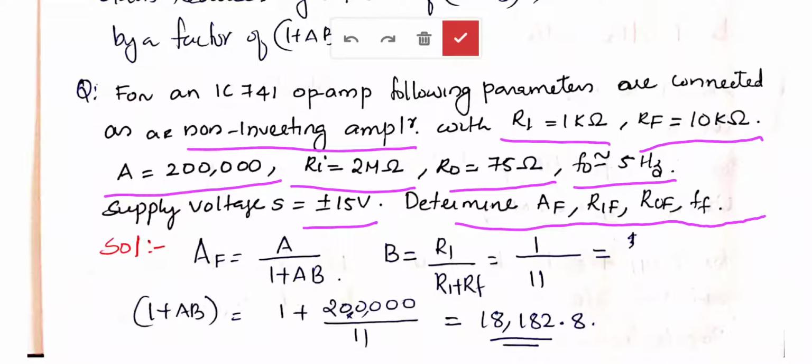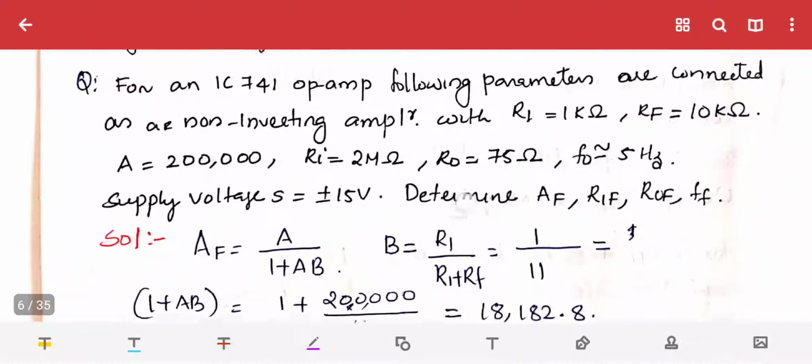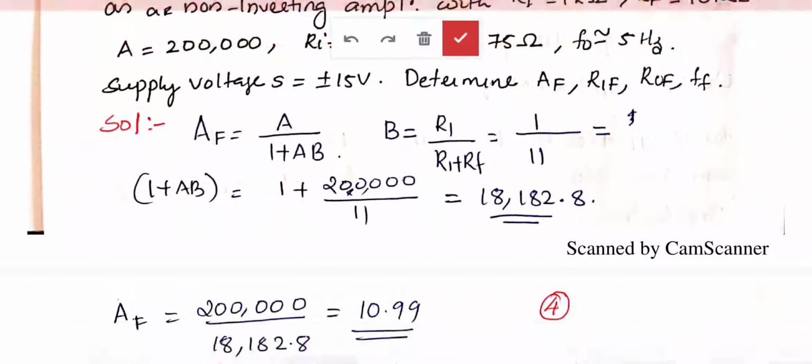So the open loop values are given. You have to find the closed loop values. So what is the closed loop gain? Closed loop gain AF is equal to A by 1 plus A beta. Beta is R1 by R1 plus RF. So substituting that, we will get it as 1 by 11. So 1 plus A beta is 1 plus 2 lakh divided by 11, so that is 18,182.8.